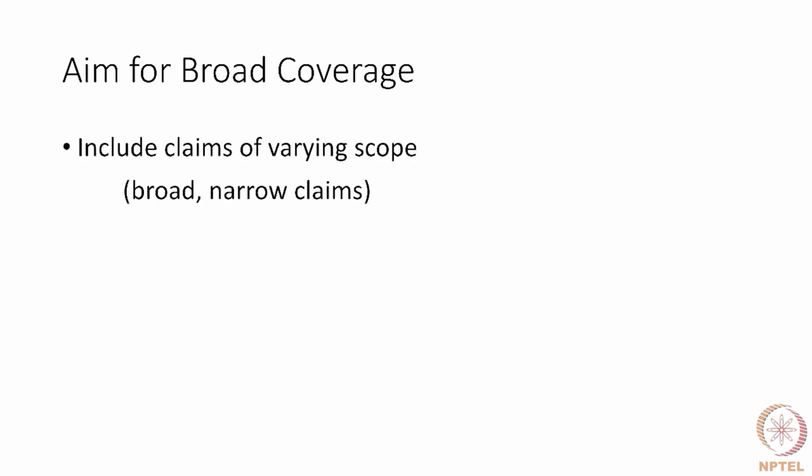Now, include claims of varying scope. This is one thing which normally people would do, because once you have an independent claim which is really broad, then you can have dependent claims of varying scope, because most of the time you would not know what would be the objections that will come either from the patent office or by a competitor who wants to challenge your patent.